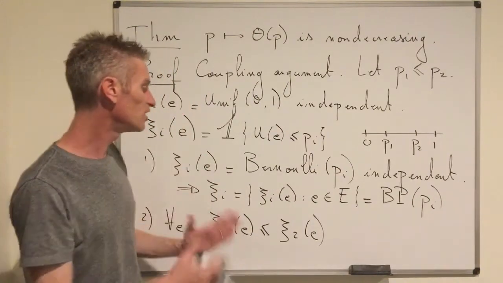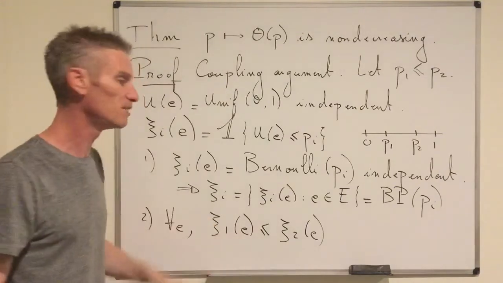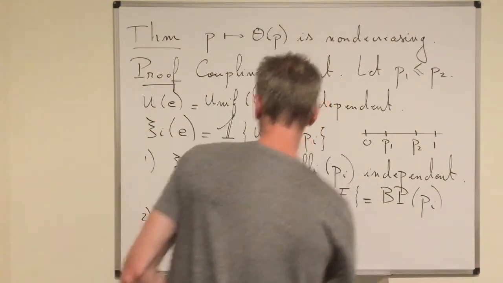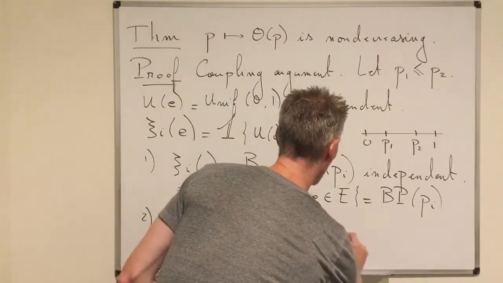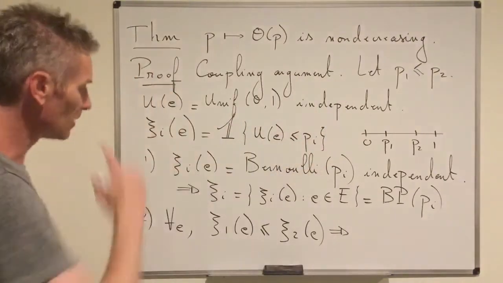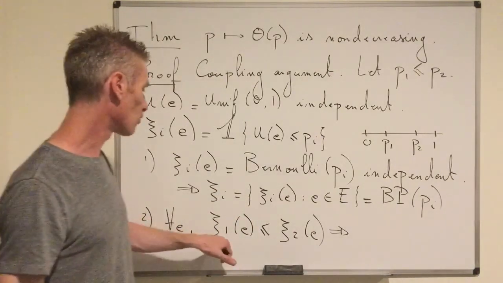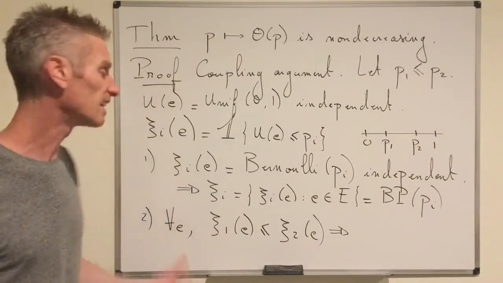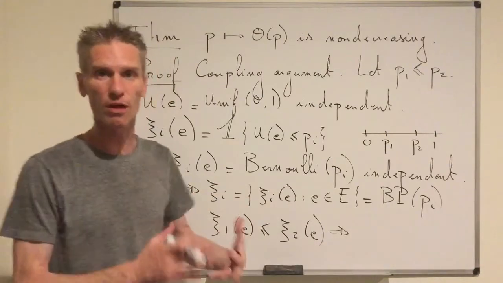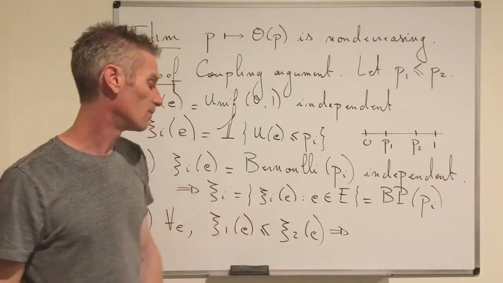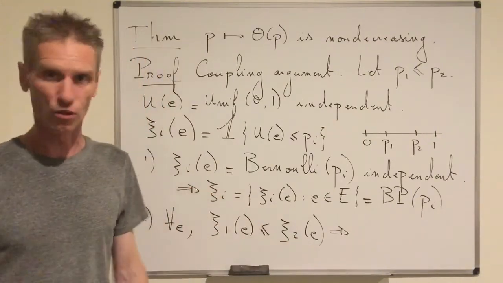They are constructed in such a way that with probability 1 we have this relationship from which we can deduce that if you look now at the cluster of open edges for the process Xi1 starting at 0, that must be a subset with probability 1 of the cluster of open edges starting at 0 for the second process.